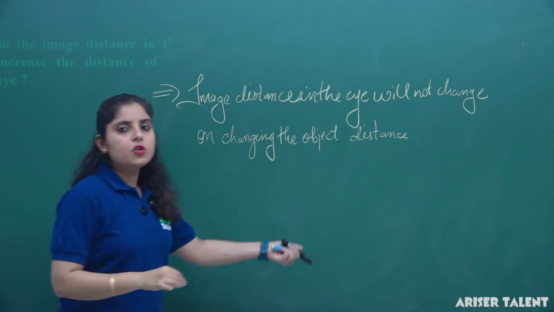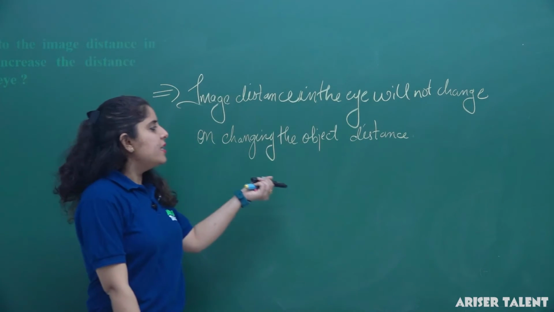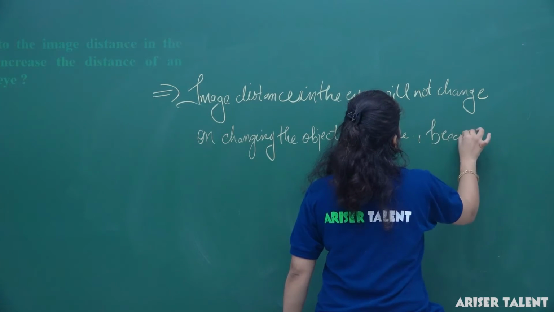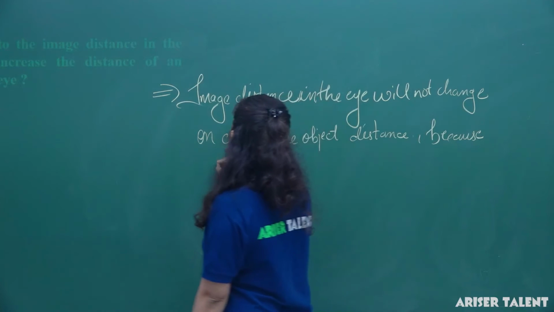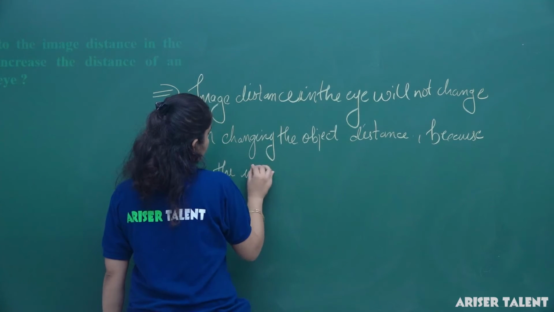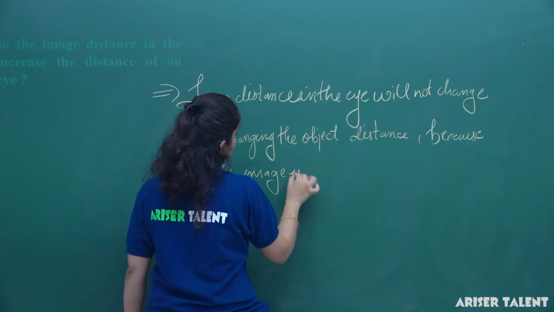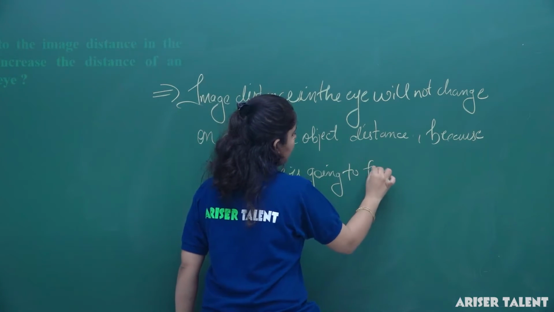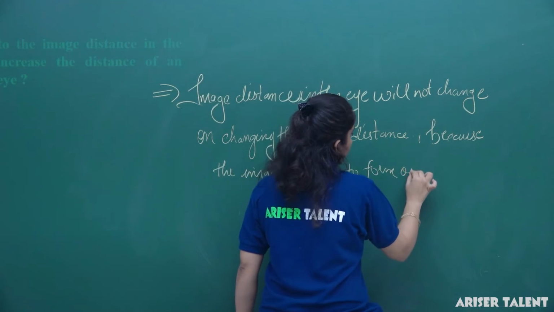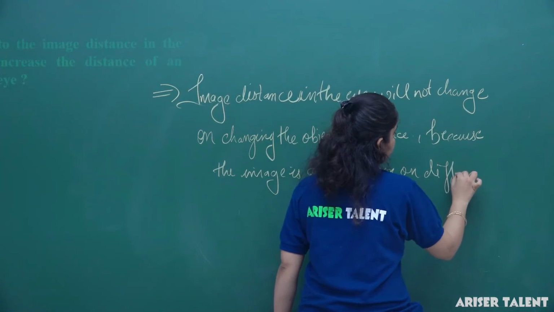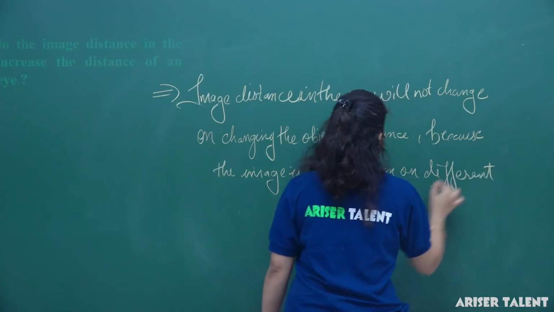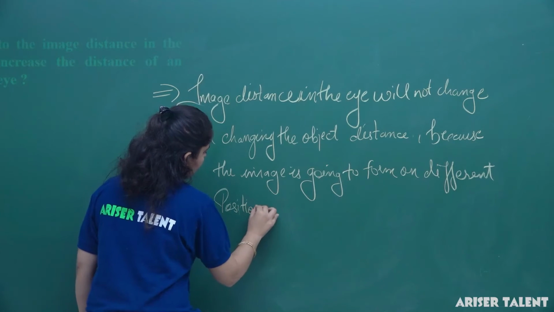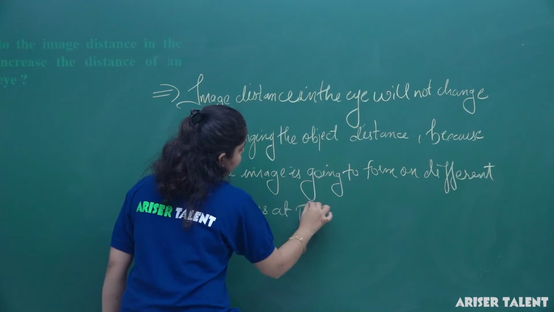The image distance of the eye will not change on changing the object distance, because the image is going to form on different positions at the retina.